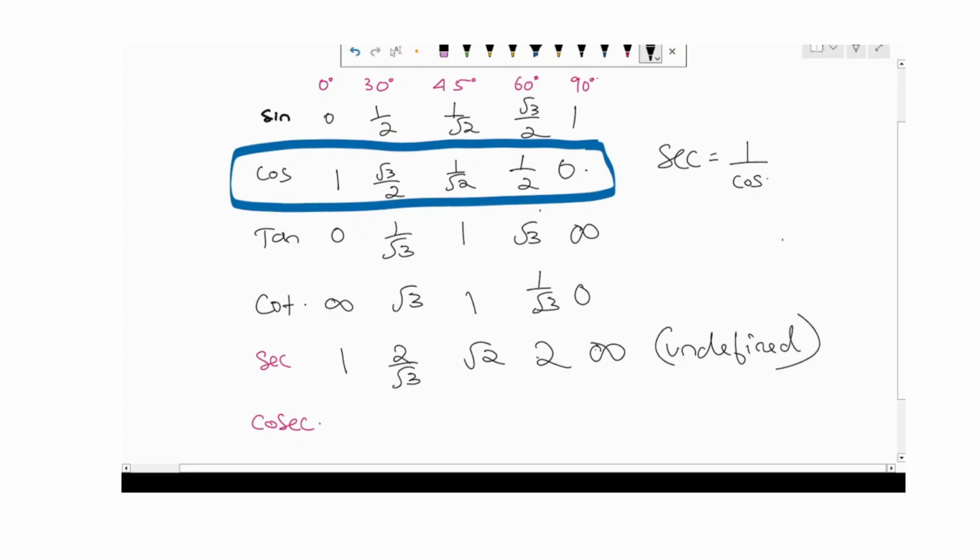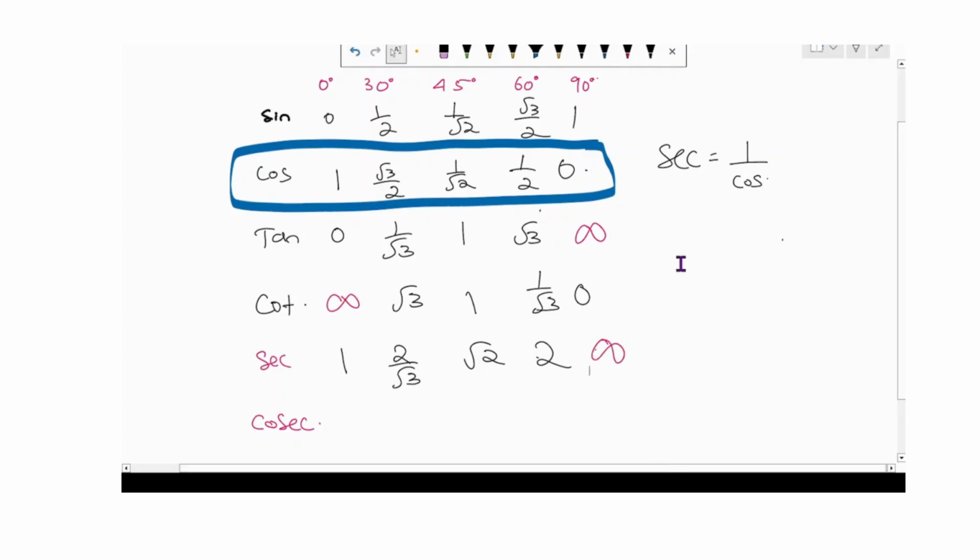You can write any one of these, infinite or undefined. So you can just replace the infinite symbol with undefined. In short, I'll write it as that.